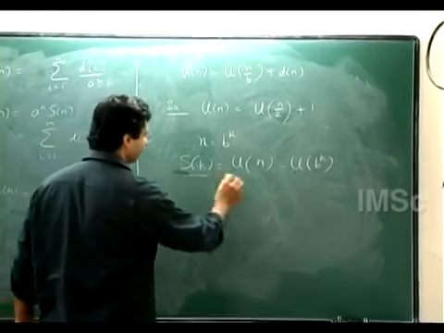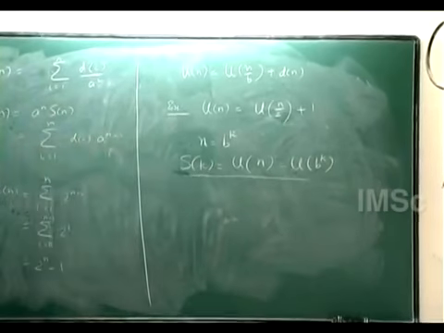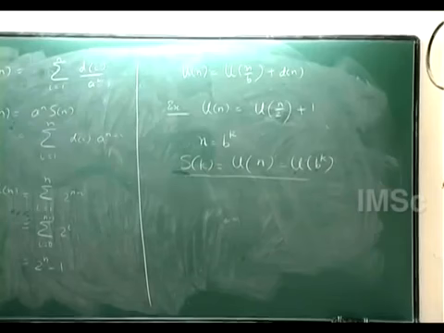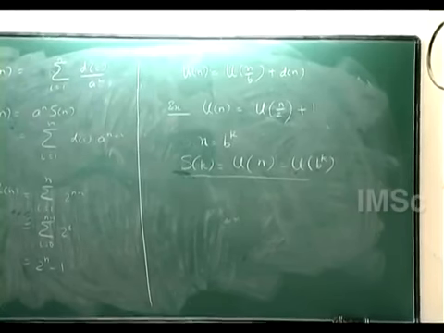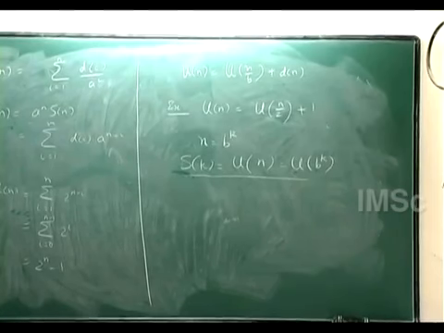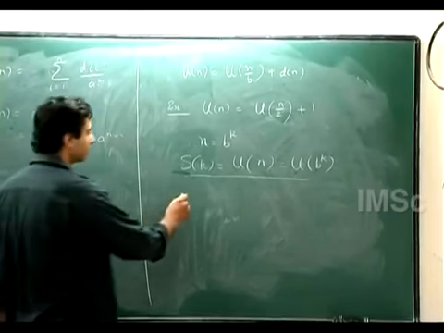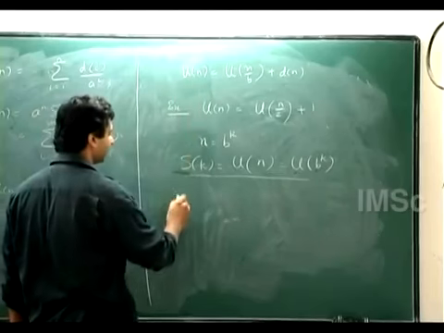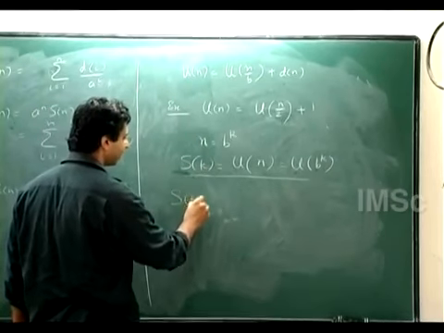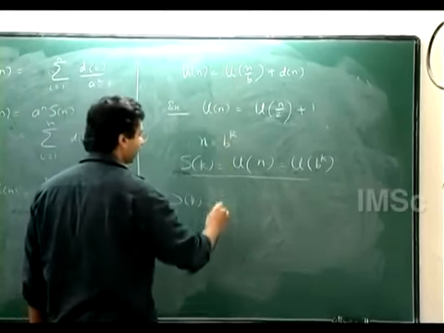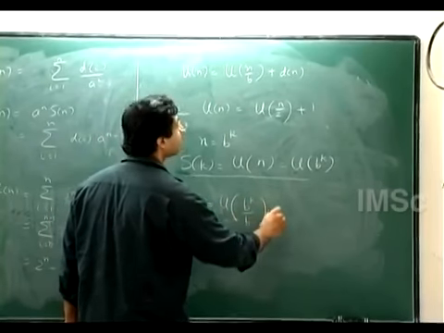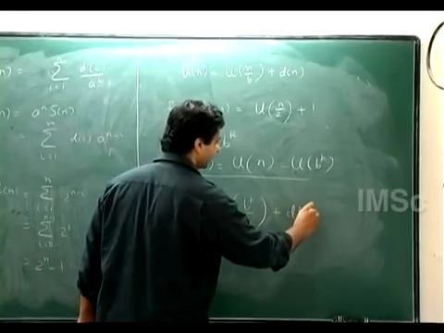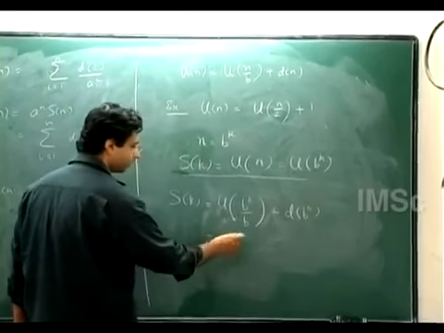So this is our definition of s now, and our claim is that with that definition s satisfies the fundamental recurrence. Why is that? What we have done is u of n is just s of k, and u of n by b is u of b raised to k by b plus d of b raised to k. And what is this quantity?